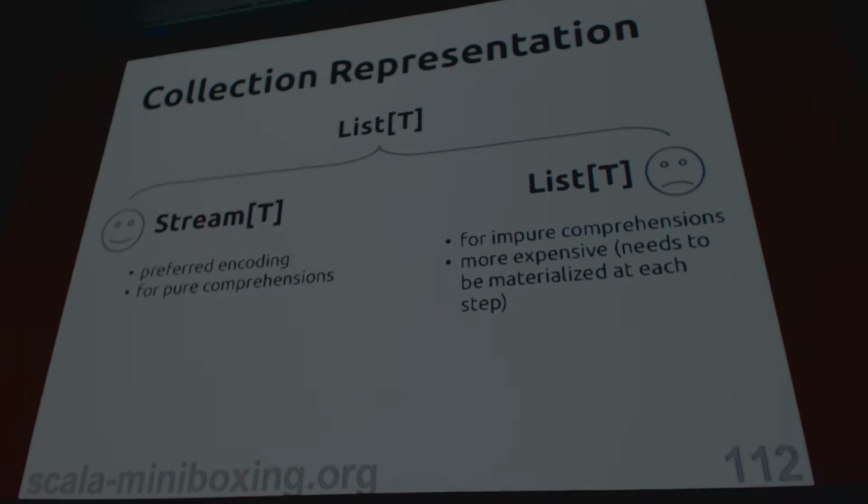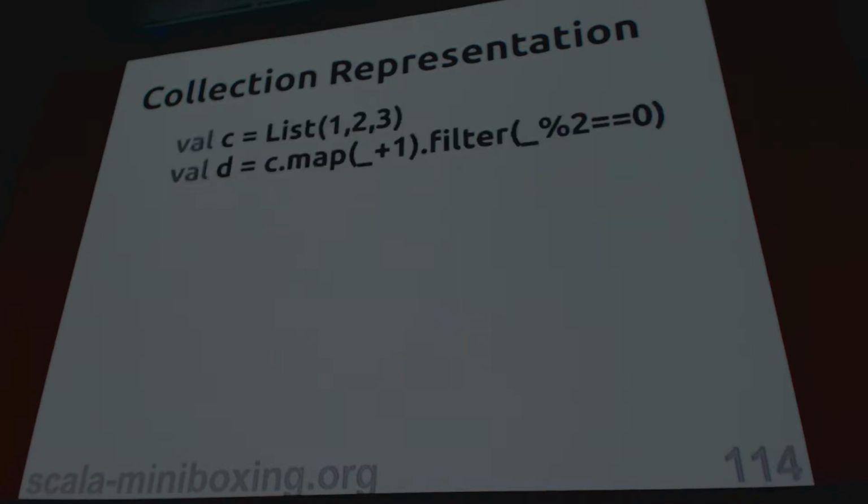As soon as you have something that's impure, where you need to actually run the closure and execute it for each element, you can switch back to lists. There's no problem. And again, they're incompatible. A list cannot pose as a stream, and a stream cannot pose as a list. Therefore, you would need to have some coercions inserted.